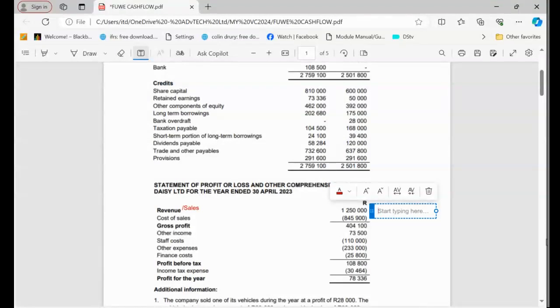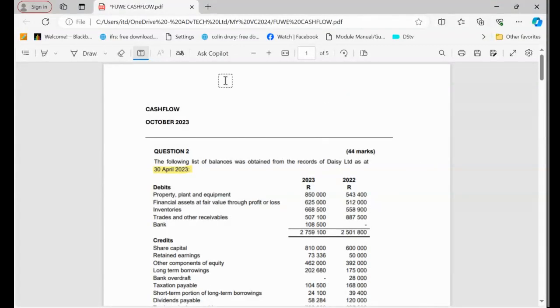When you calculate cost of sales, you usually say opening inventory, and then we normally add purchases, and we less closing inventory.